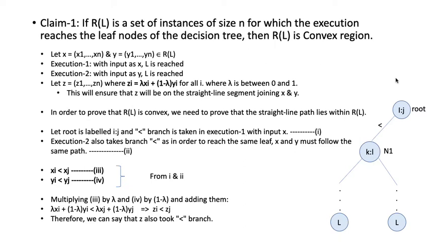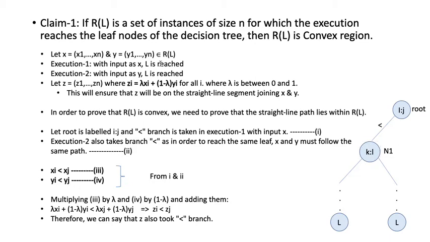So when we are trying to execute with input x, let's say we reach here. Now for execution 2 with y, we can also say that y will also reach n1 here.